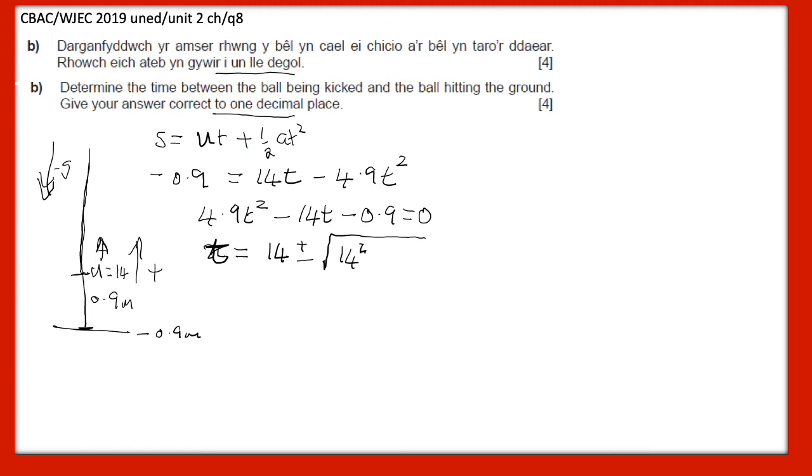So 14 squared minus 4 times 4.9 times minus 0.9 all divided by 2 times 4.9, which of course is 9.8 again. Now at this point, we know that your calculator does this particular piece of work for you. I'm not going to tell you how to go through that. You should know it. Your calculator will return to you if you persuade it, and I would personally like to see both answers.